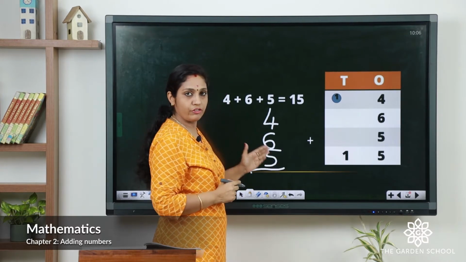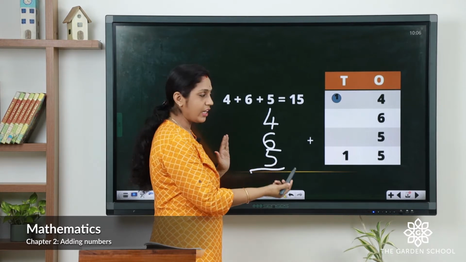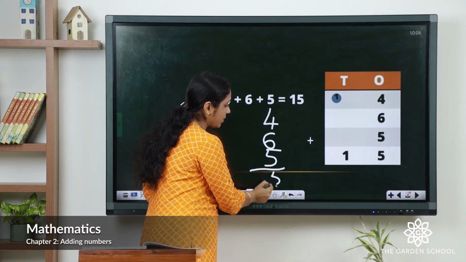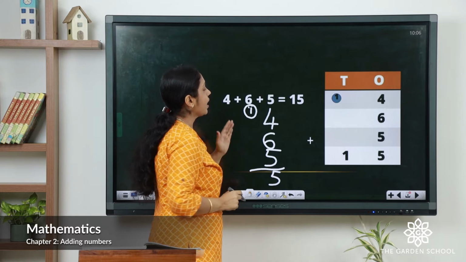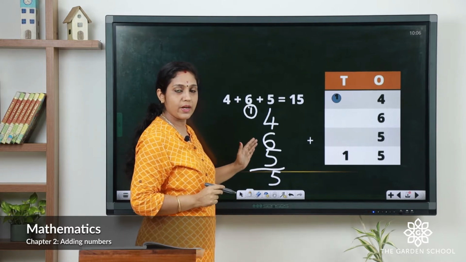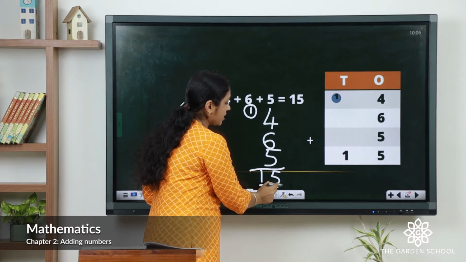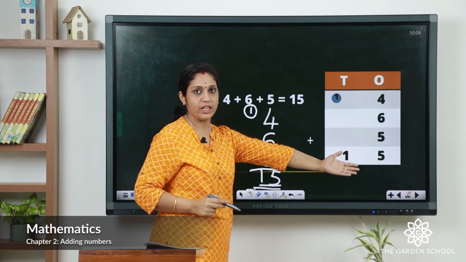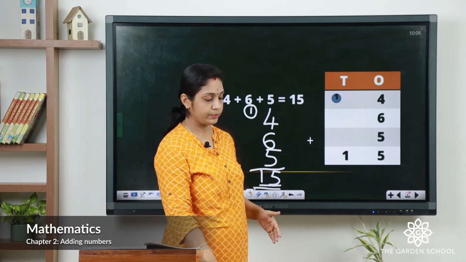We get 15 and in that 15, 5 comes in the ones place, that we are going to write under the ones place and 1 we are going to carry over to the tens place. As there are no other numbers in the tens place, that 1 we are going to write in the tens place in the answer and we get the answer 15. So, hope you are clear how to add 3 one-digit numbers.